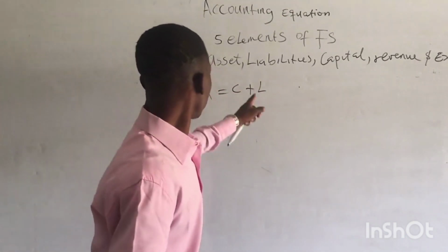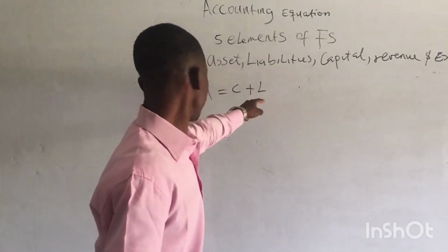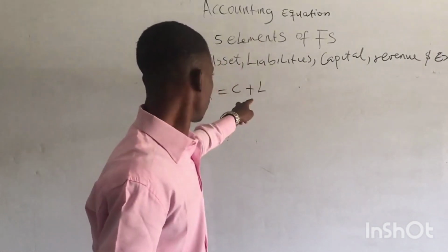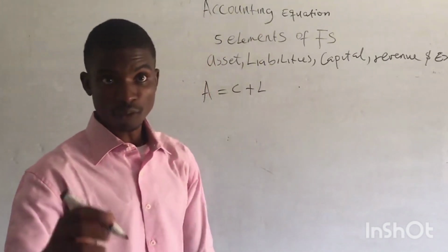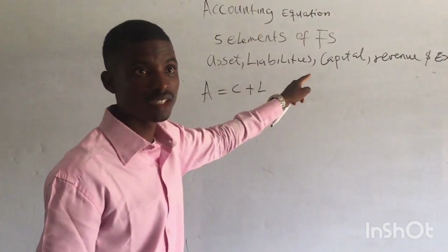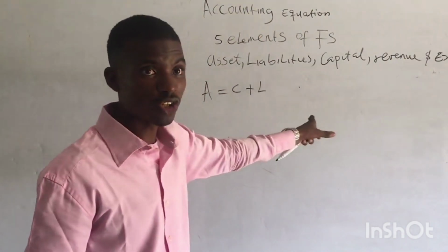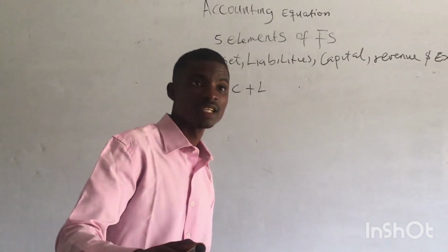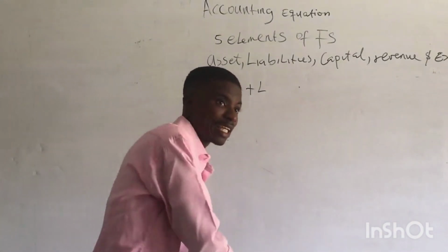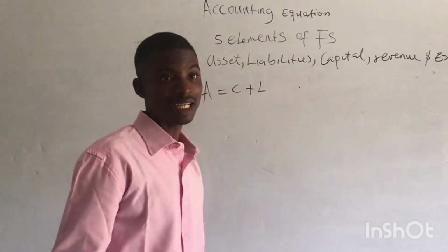Then from here you can see assets, liability and capital are the components of the accounting equation, because balance sheet is the formalized way of representing accounting equation. This is why a statement of financial position always has equal balances. Both the right hand side, that is the asset side, and the capital and liability side are always equal.